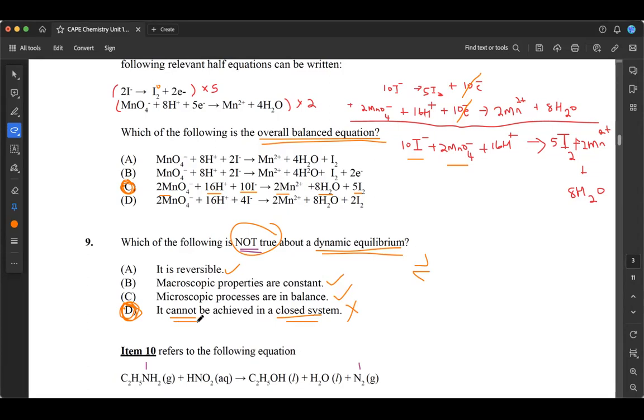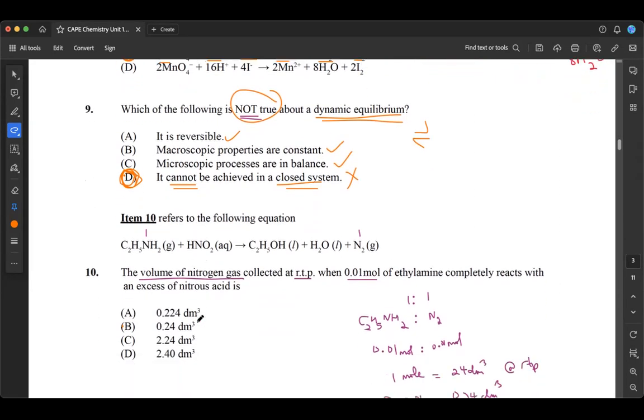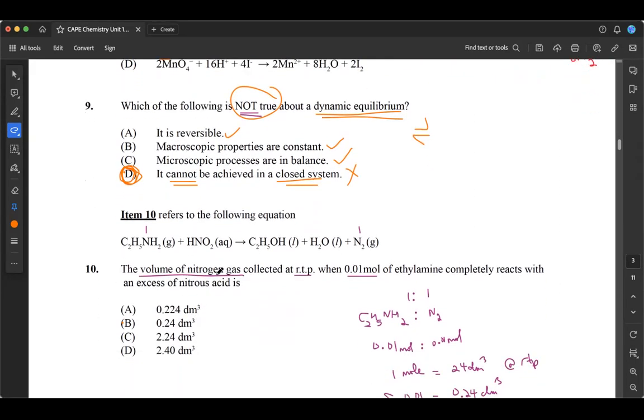All right, so moving right along to 10. 10 says that the volume of nitrogen gas collected at RTP when 0.01 mole of ethylamine completely reacts with an excess of nitrous acid is... So this is our balanced equation that we're using now. We want to find the relationship between nitrogen gas and ethylamine.